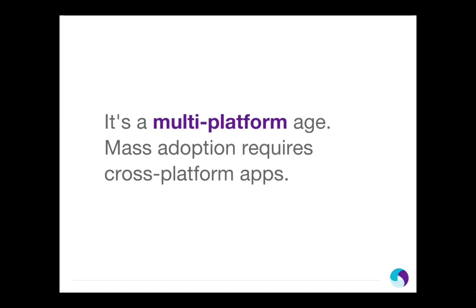One thing that we haven't touched on as much at this conference is the multi-platform nature of the mobile revolution. If you want your mobile app to be used by many, many people, you probably have to have an iPhone version and an Android version, at least. And there are new entrants to the mobile OS world all the time.